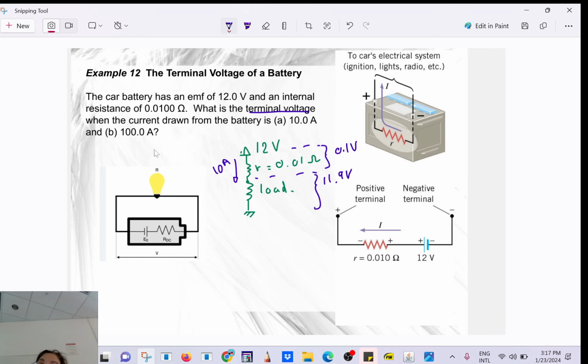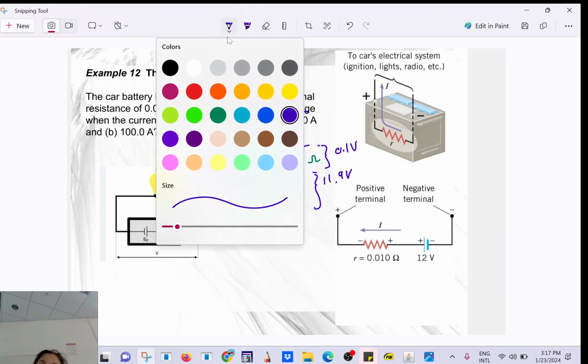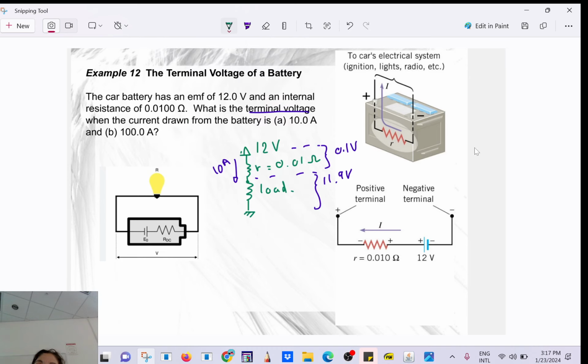Can you do the next one? So 12 volt. Okay, and then you have this sneaky little guy here. And then here, this is your battery. And then here you have a load.